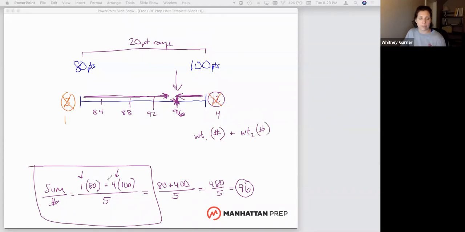So the 1 times the 80 and the 4 times 100. You then divide by the total weight. But understanding this ratio, combined with multiple choice answers, can make it really easy to estimate your way to a right answer almost immediately.